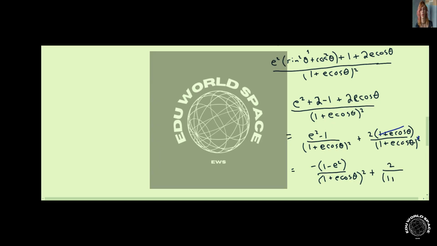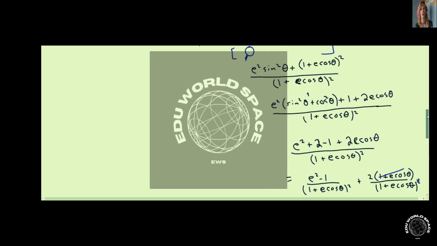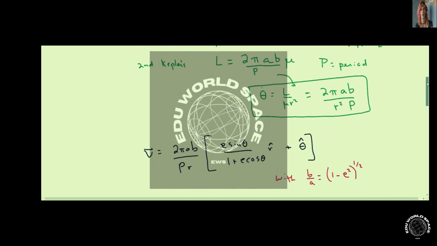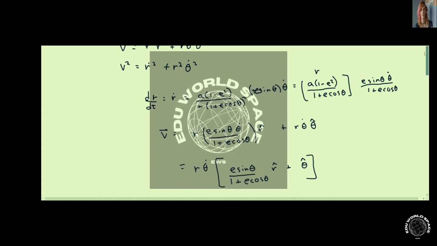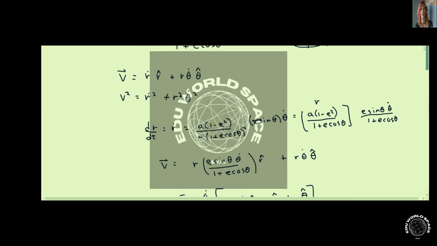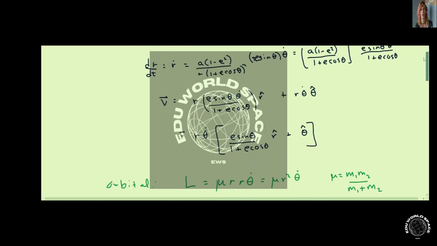Okay, now it may not seem very simple, but remember, I am trying to relate some things back to R. Whenever there's a 1 plus e cosine of theta, that is essentially related to R. Okay.